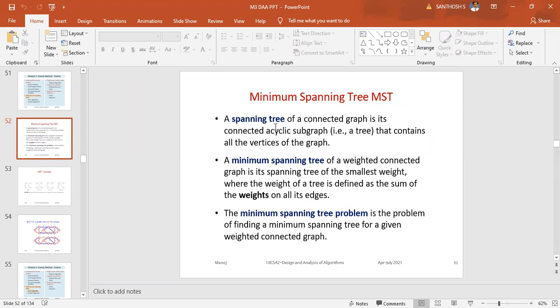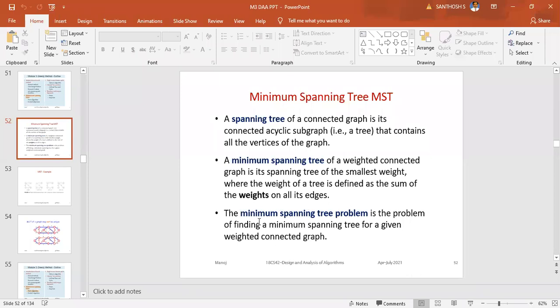So what is a spanning tree? It is a connected, acyclic subgraph that contains all vertices. Whereas for minimum, the calculation is done on weights. The minimum spanning tree of a weighted connected graph is its spanning tree of smallest weight, where the weight of the tree is defined as the sum of weights on all its edges.